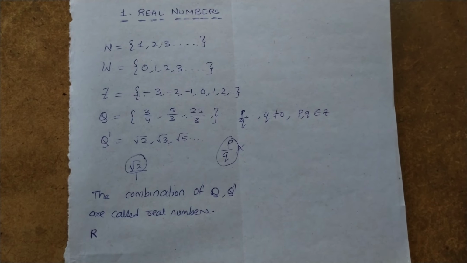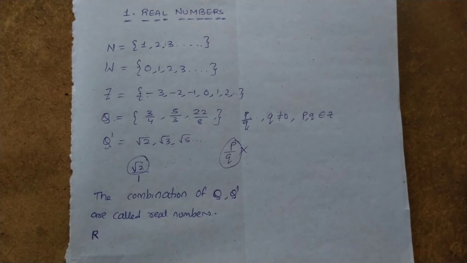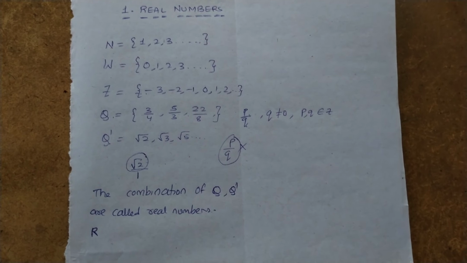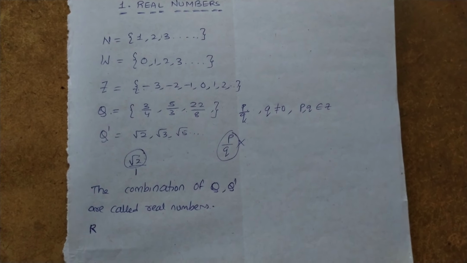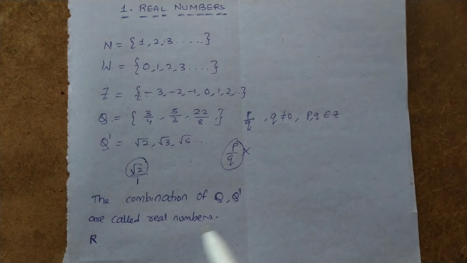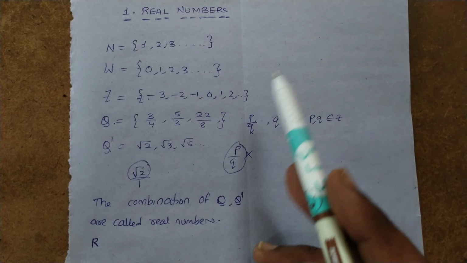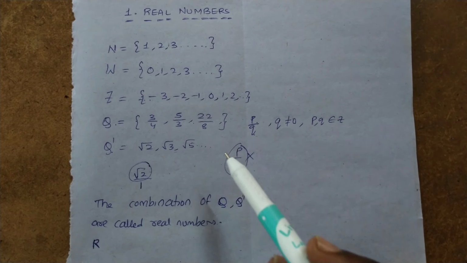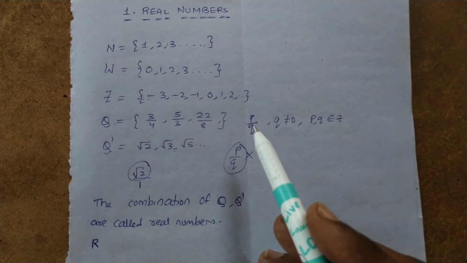That 50 is again a real number. So real numbers are used everywhere. Without numbers, mathematics does not exist, right? So this is the small definition of real numbers, natural numbers, whole numbers, integers, rational numbers and irrational numbers.